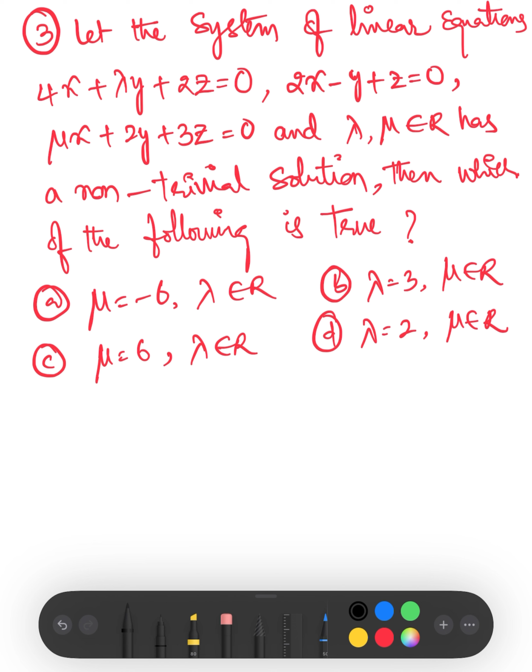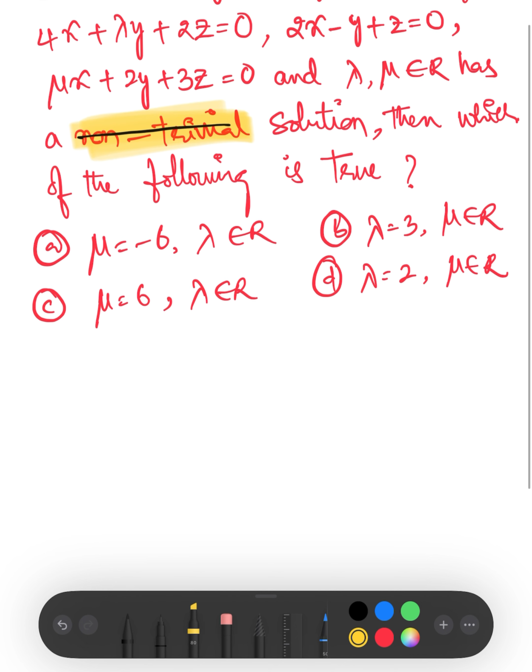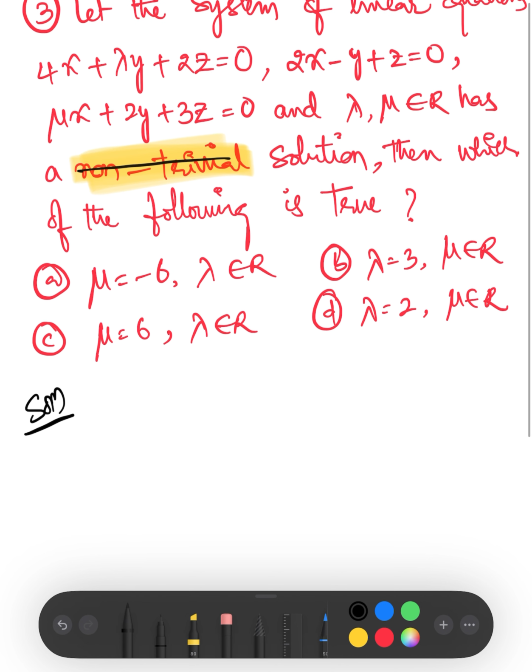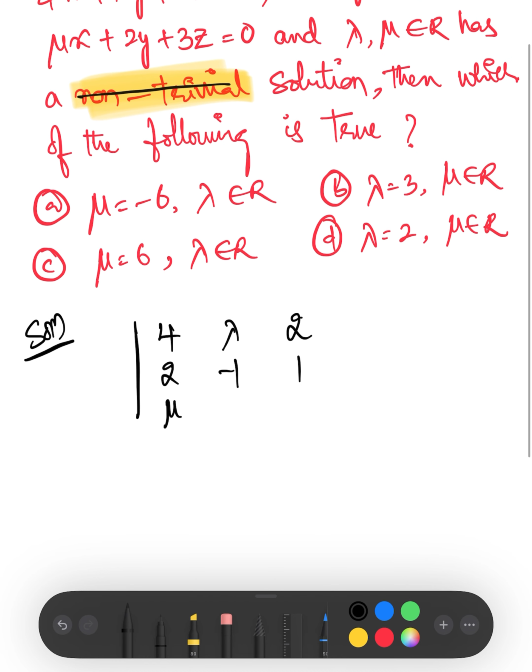Here they mentioned non-trivial, observe this. So straight away I can write the values which are in that A, that is 4, lambda, 2, minus 1, 1, mu, 2, 3, equal to 0.